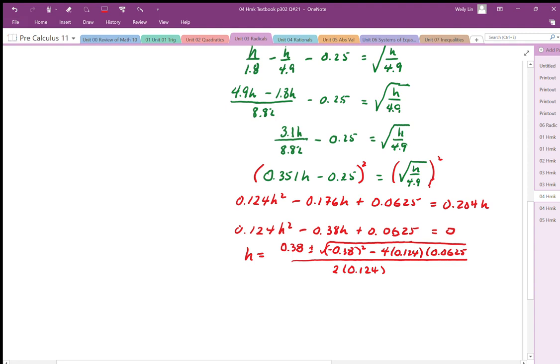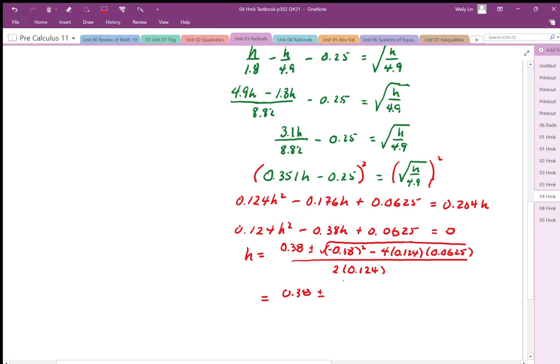Okay, so I'm just going to work out the inside of that square root first. It's going to be negative 0.38 squared minus 4 times 0.124 times 0.0625.